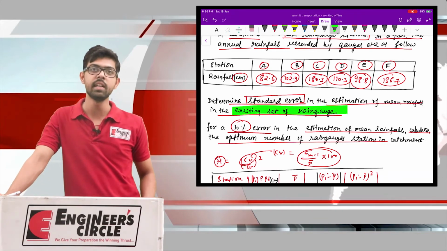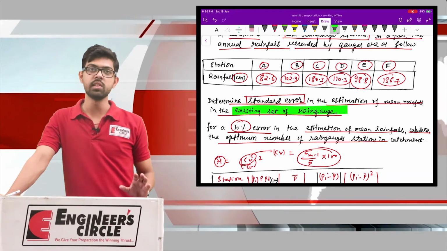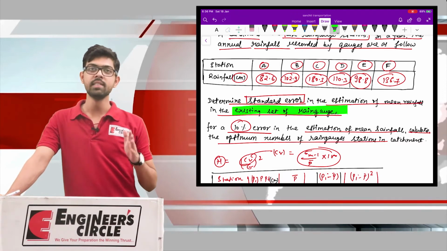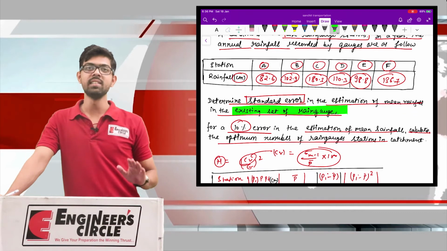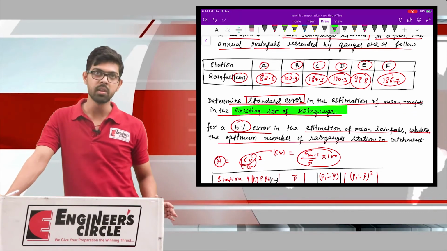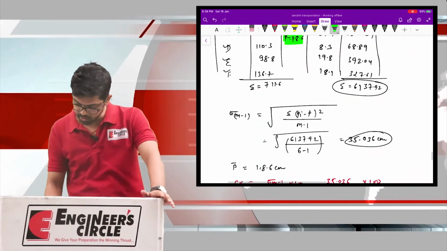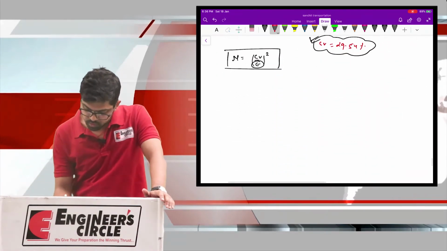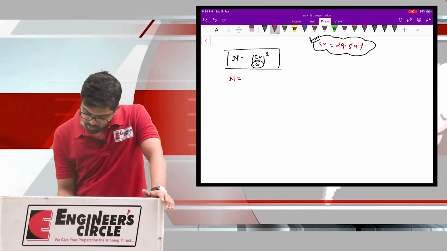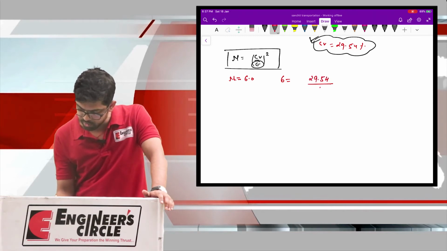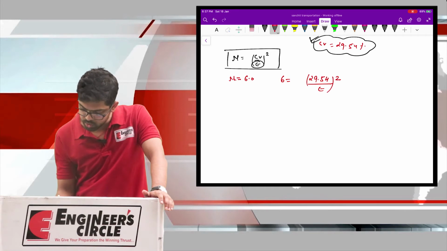This statement says that whatever be the number of rain gauge stations given in the question, that is A, B, C, D, E, F, 6 rain gauge stations, you will consider these 6 as your optimum number, and now you compute what is the allowable error, percentage estimation of error. So for the first case, this n will be equal to 6, which is given in the question, and now I will compute this epsilon. So 6 will be equal to coefficient of variance 29.54 upon epsilon whole square.